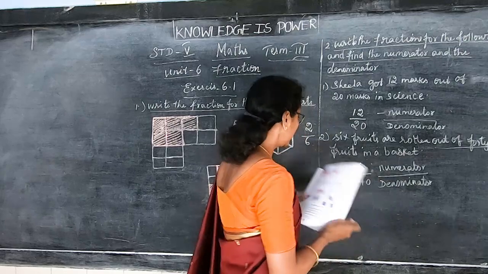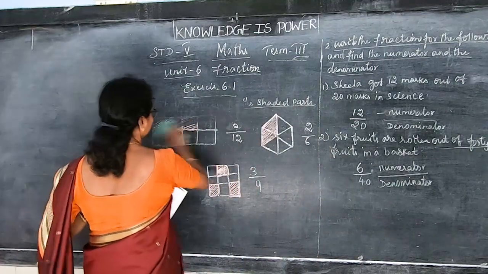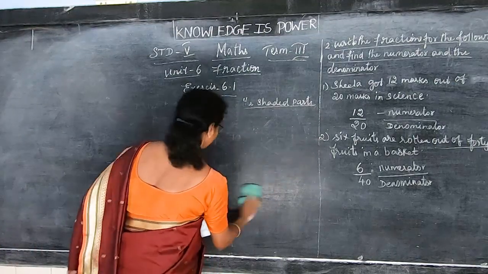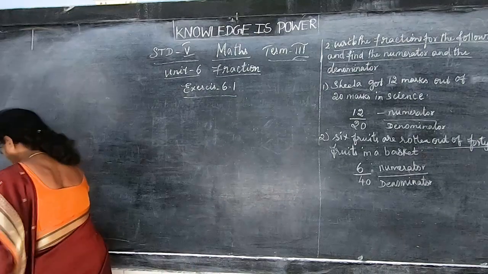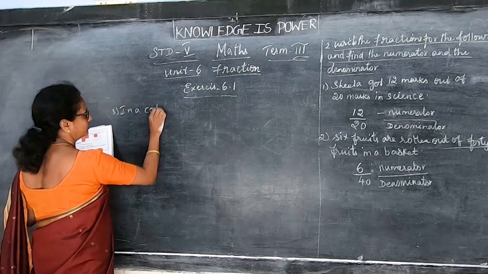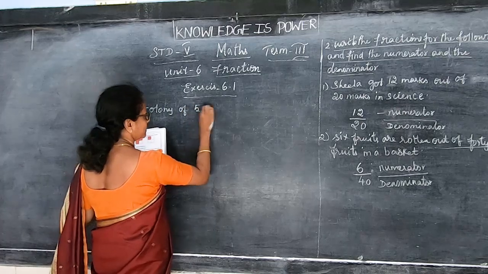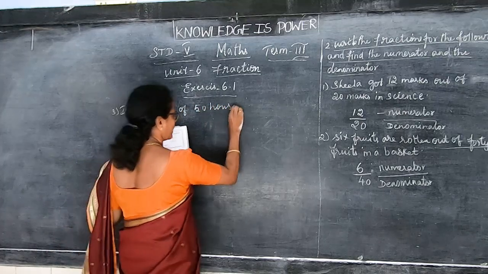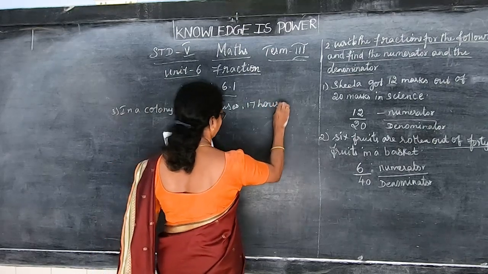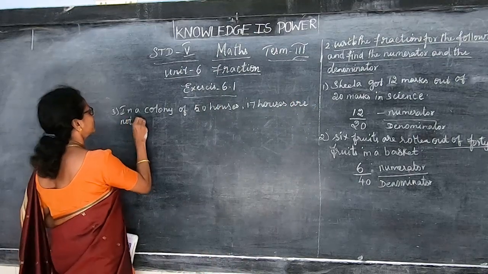Then the third sum. In a colony of 50 houses, 17 houses are not occupied.